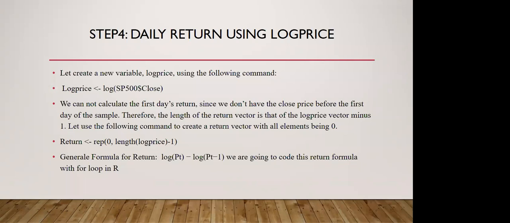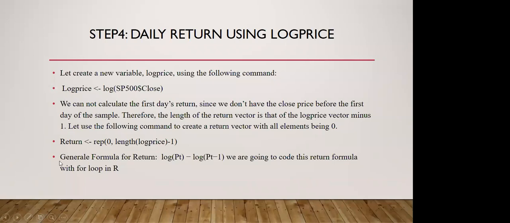So here we create our return variable, and we name it return, which is equal to rep 0 and length of the log price minus 1. As I explained above, because we cannot have the return of the first year, we have to subtract 1 from the length of log price here.